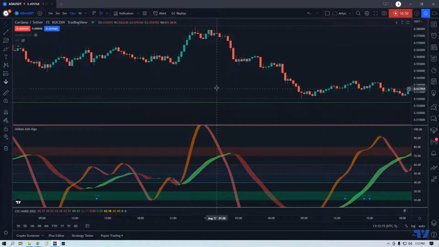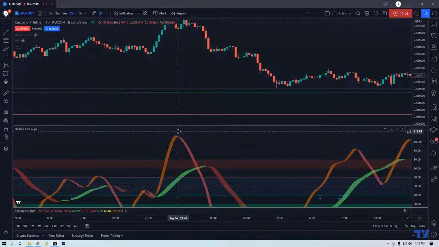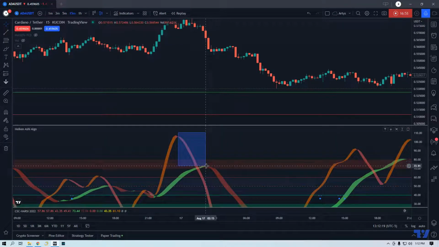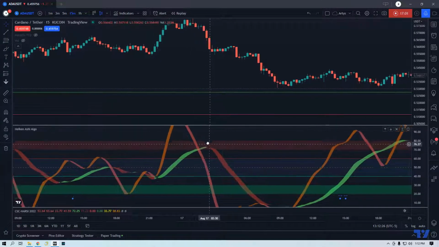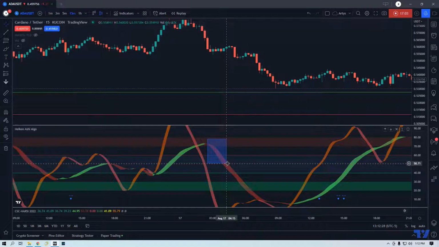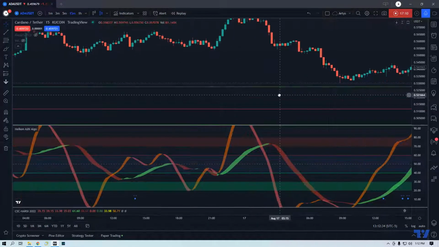Price moves up. Now, at the same time, you have a lot of pressure. You're losing pressure to the upside. Now you have pressure here to the 50. You have a lot of pressure to the downside, and price moves down.